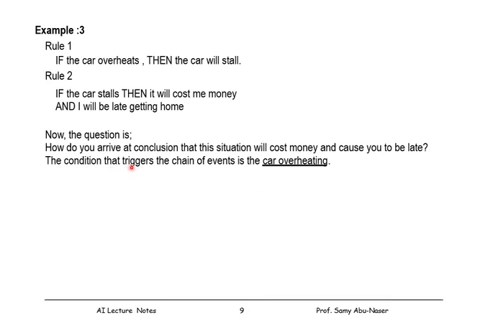The condition that triggers the chain of events is the car overheating. If the car overheating is true, then we conclude the car will stall. And if we conclude the car will stall, then the result is that it will cost me money and I will be late getting home.